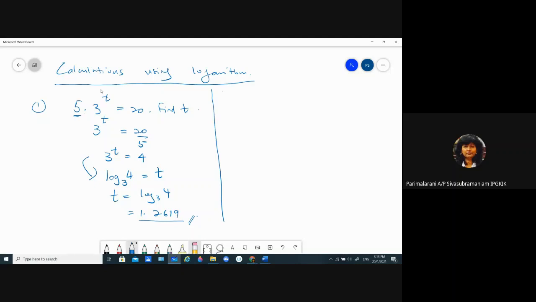Question 2. How are we going to do this if you're not going to use the calculator in the first step?